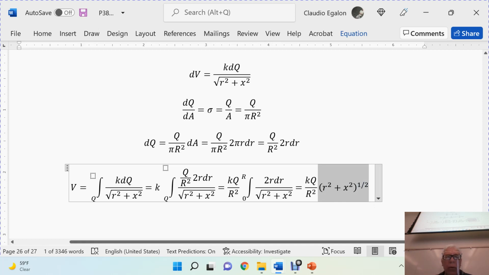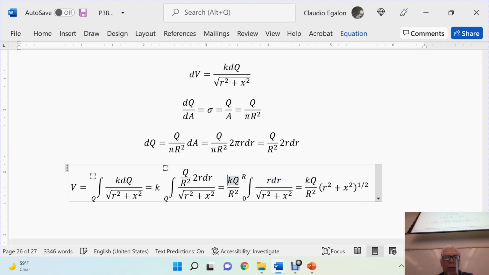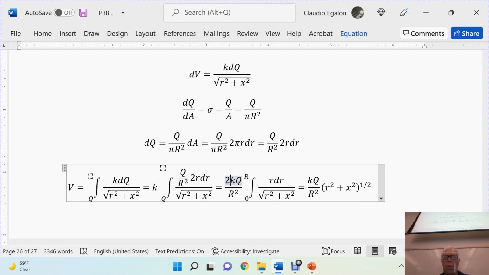So we don't need to put the 2 here inside, because afterwards we have to take the derivative of this inside. It's going to become 2r dr. The 2 from this power cancels out with the half, right? So there's no need to put the 2 inside. We leave the 2 outside. And then we still have to apply the limits.